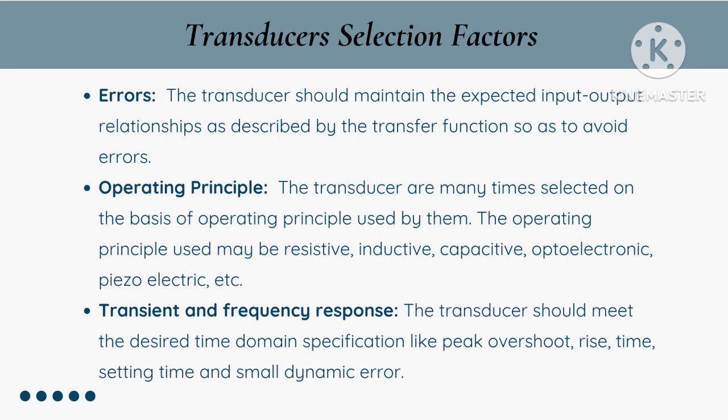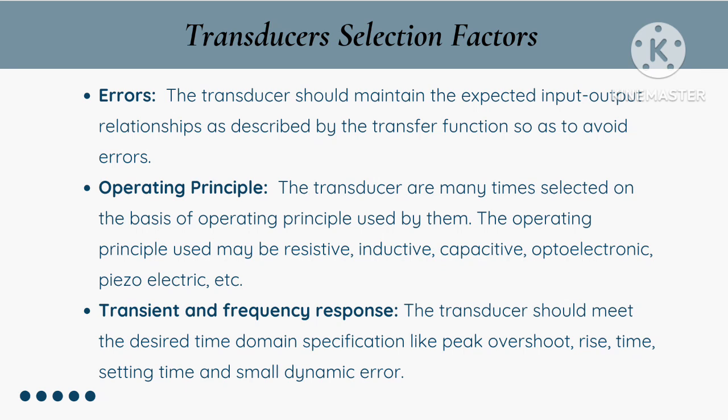The operating principle. Transducers are many times selected based on the operating principle used by them. The operating principle used may be resistive, inductive, capacitive, optoelectronic, piezoelectric, etc. Transient and frequency response.